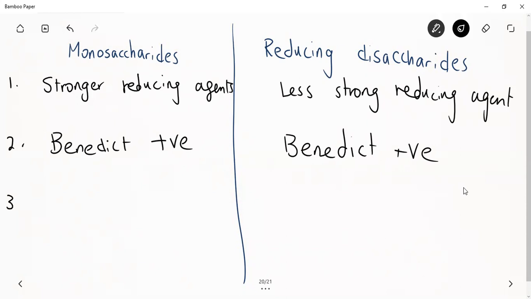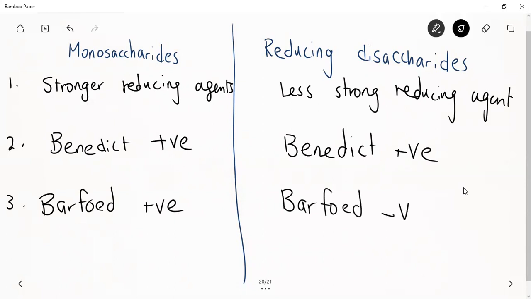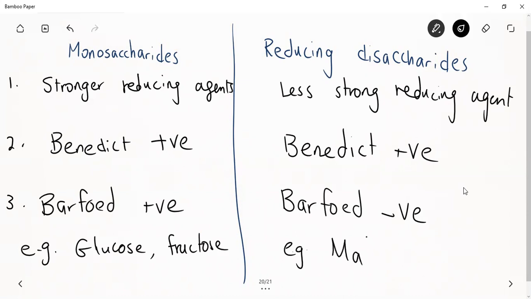Then Barfoed will be positive here, whereas Barfoed will be negative here. What are the examples? Glucose, fructose. What are the examples here? Maltose.